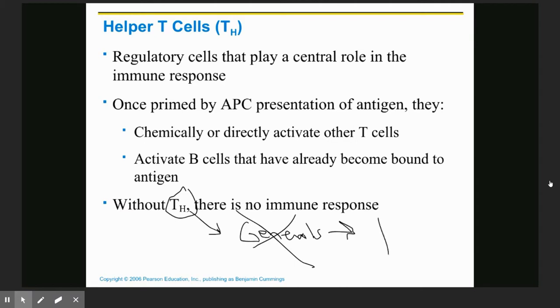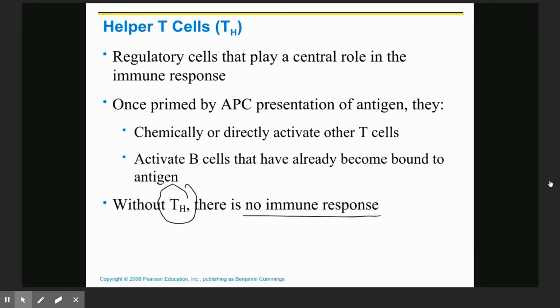Its effectiveness would drop like crazy. And if you were to take out all of the T helper cells, that's exactly what would happen. There would be no immune response. And so, no immune response, this person's going to get sick very, very easily from just about anything.